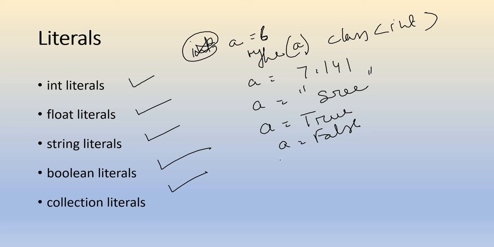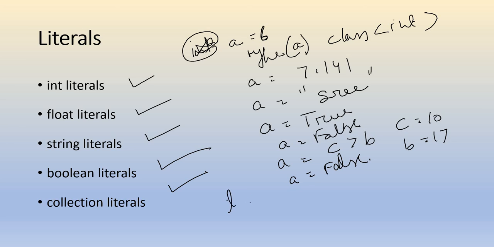Or you can create it like this: c = 10, b = 17, and a = c > b. Is c greater than b? No. So what value does a hold? It is False. And what are the collection literals?